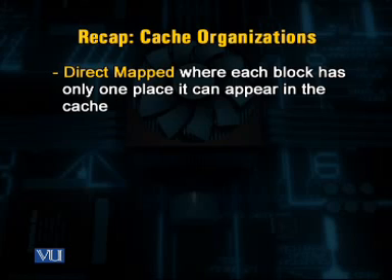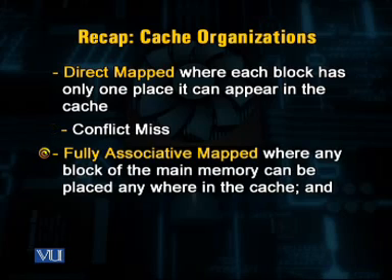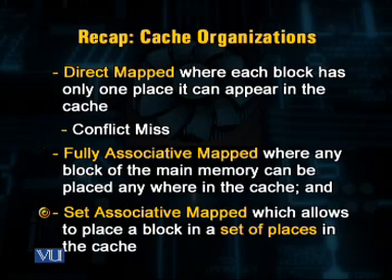However, this organization gives rise to the conflict miss, whereas the fully associative mapped cache is one where a block of the main memory can be placed anywhere in the cache, and the set associative mapped cache is one which allows placing a block in a set of places in the cache.